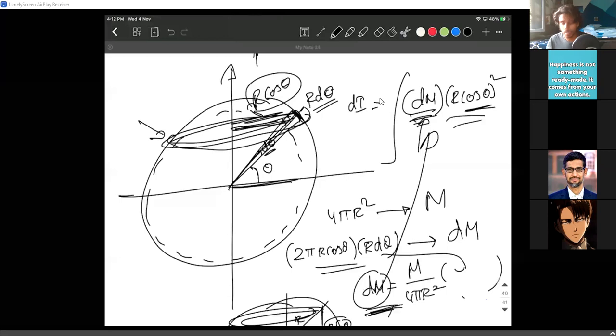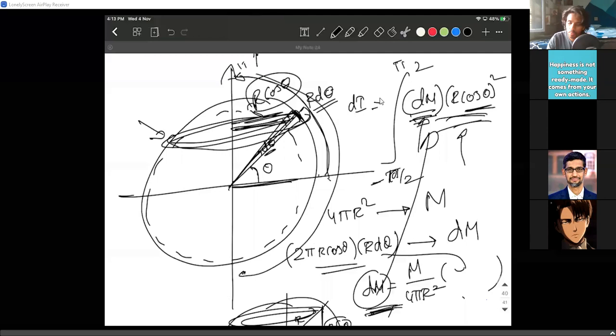Don't copy it from HC Verma, okay? Try to find the moment of inertia, integrating from angle 0 to pi by 2. If you only do that, you are only doing half a sphere. If you do it from minus pi by 2 to plus pi by 2, you're integrating from this end to that end.